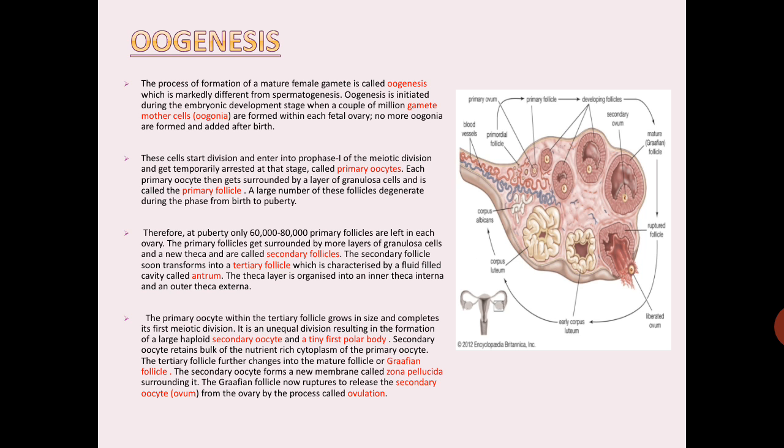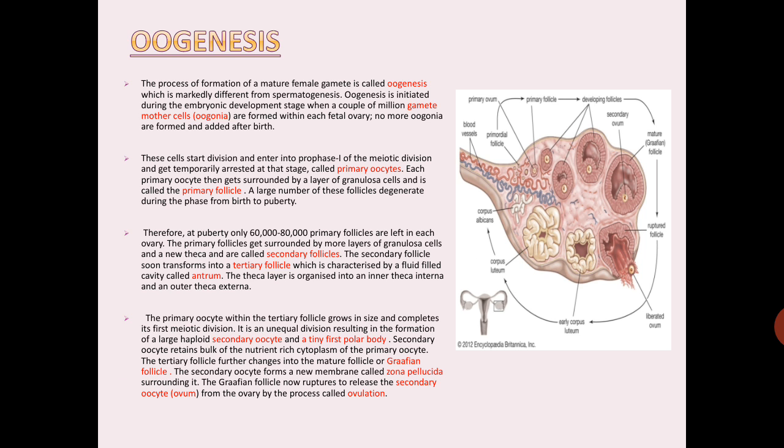Oogenesis is initiated during the embryonic development stage when a couple of million gamete mother cells are formed within each fetal ovary. So millions of oogonia are formed during the embryonic development. No more oogonia are formed and added after birth. Once the birth has taken place, no more oogonia are formed.